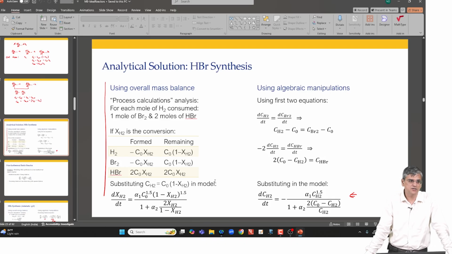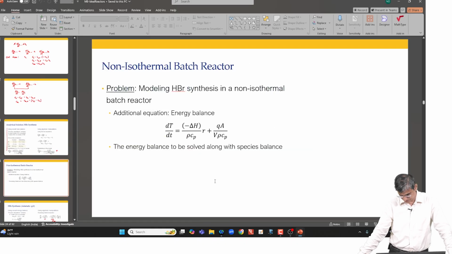Those two are equivalent. Why? Because XA has a one-to-one relationship with CA. So, you can use either of those approaches. Your undergraduate textbooks use XA in order to solve. So, if you are comfortable with that, you can continue with that.